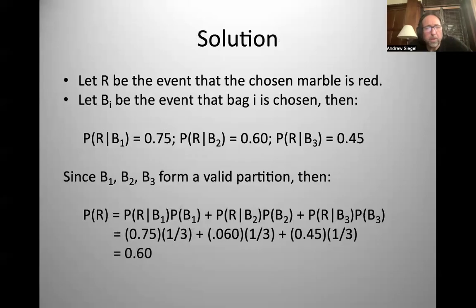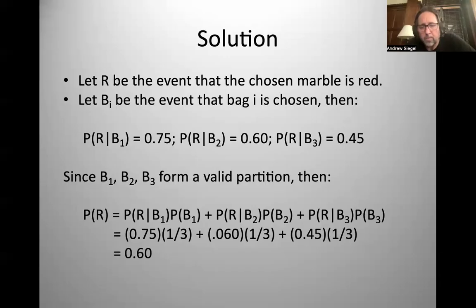Let's define two events. R, the event that the chosen marble is red, and B_i, the event that bag i was chosen. Then remember, we're looking for the probability of event R, that the marble is red. This is a perfect place to apply the law of total probability, as we see here.